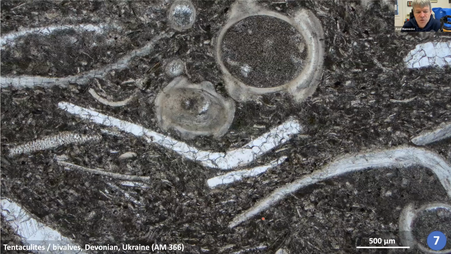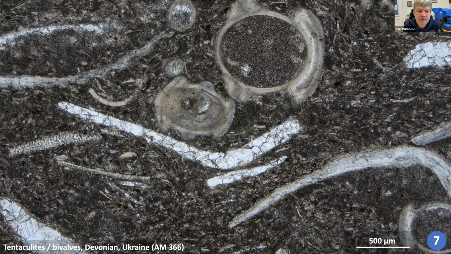Number 7. Oh, sorry, this is the same thing. It's a small movie. We will just move now from the central part of the layer towards the marl and look at what happened to the aragonitic fossils, and also focus on the small components here and the alignment, how they are oriented in this sample.